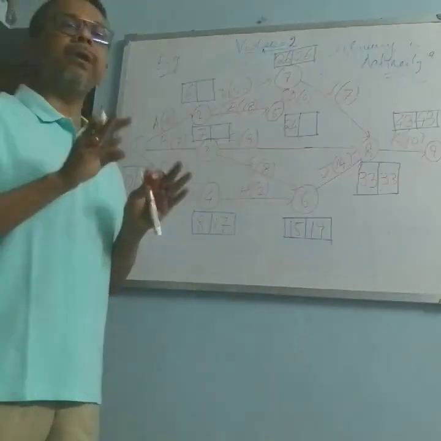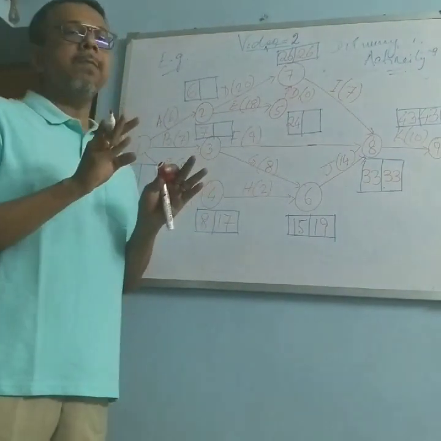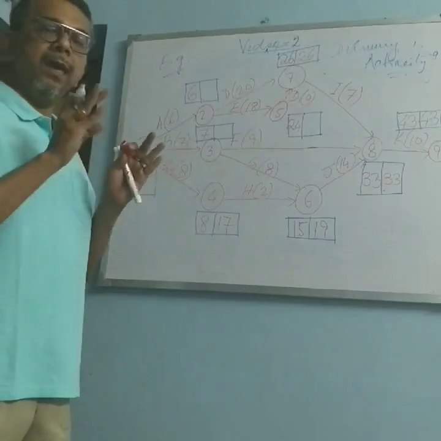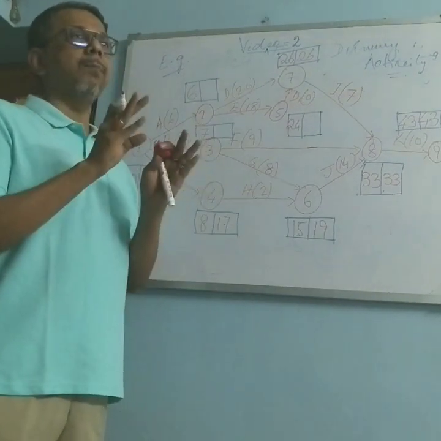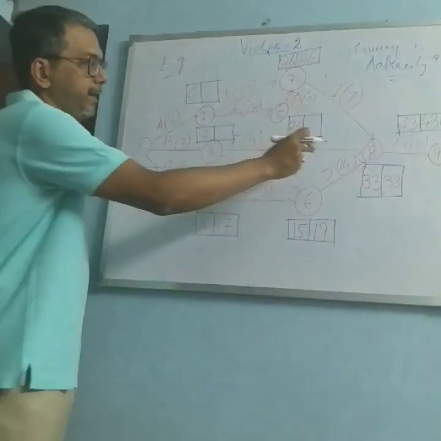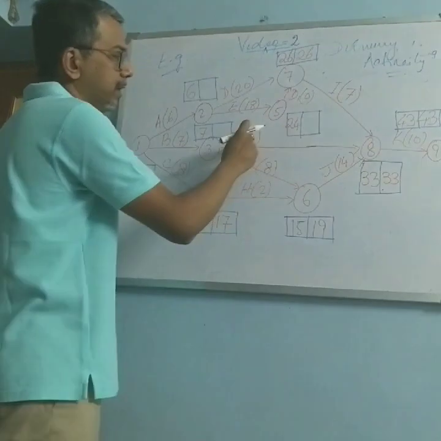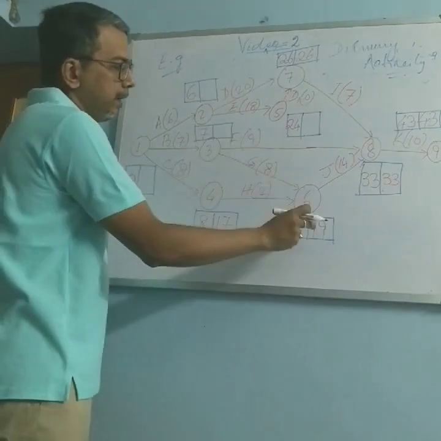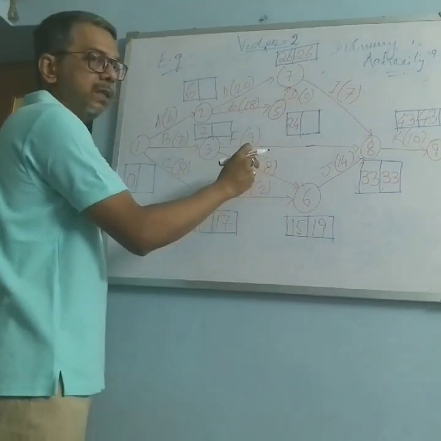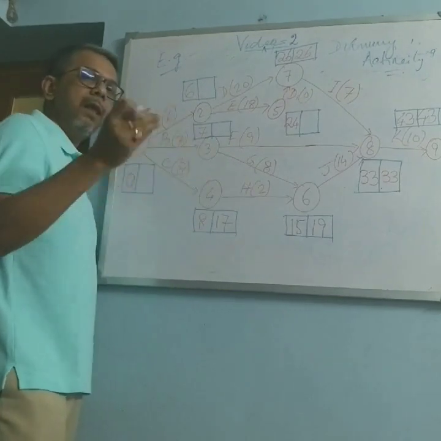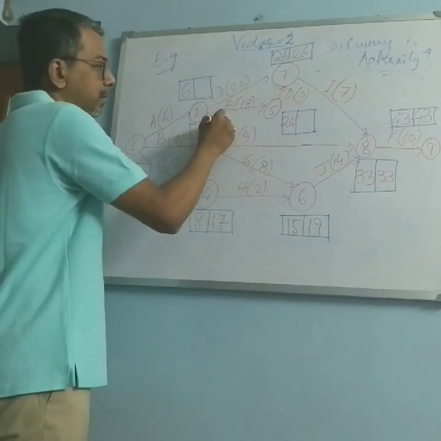Here we have to take the minimum of both. That is 33 minus 9 is 24, 19 minus 8 is 11. So which one is the minimum? 11 is the minimum.